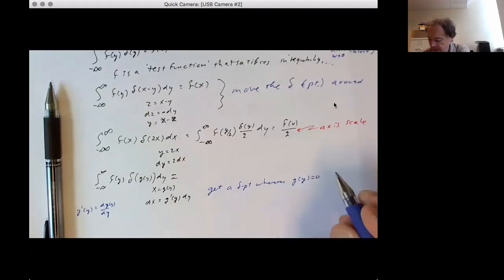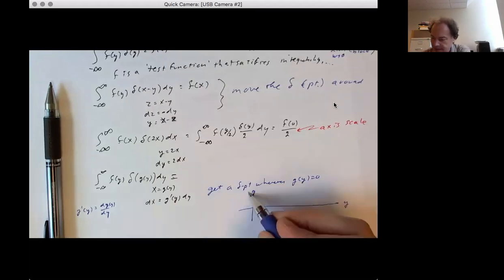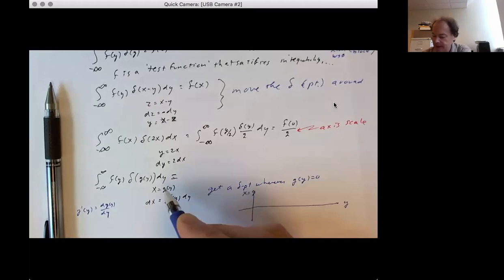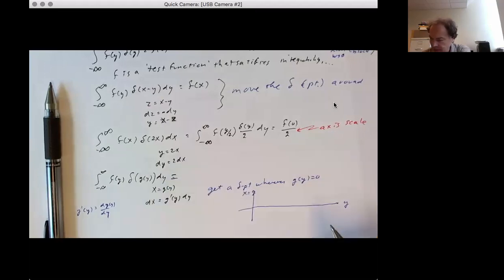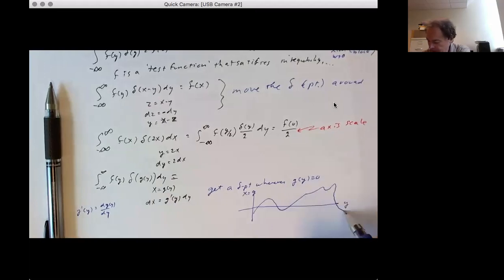So if I just take a plot here of g as a function of y, and remember g is really our x in our new variable here. Suppose it looks like this. Suppose it goes boing, boing, wiggles up here, and then it comes crashing down again. Well, we're going to have a y1, y2, y3, y4.